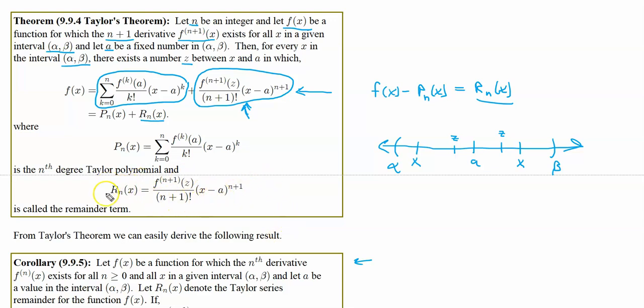If the remainder term R n converges to 0 as n goes to infinity, so if this goes to 0 for all x in the interval alpha to beta as n goes to infinity, then basically this term is going to be going to 0, and you can replace this n up here with an infinity, and you can make the statement that f of x is actually equal to the summation from 0 to infinity of these terms right here.